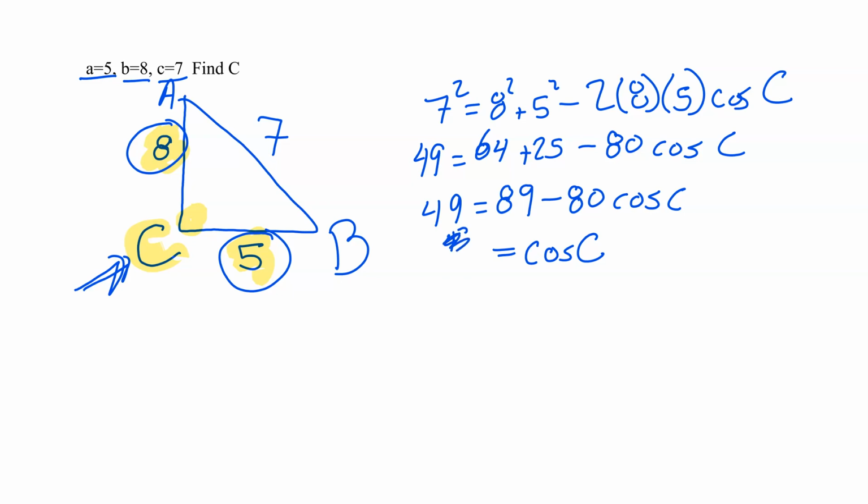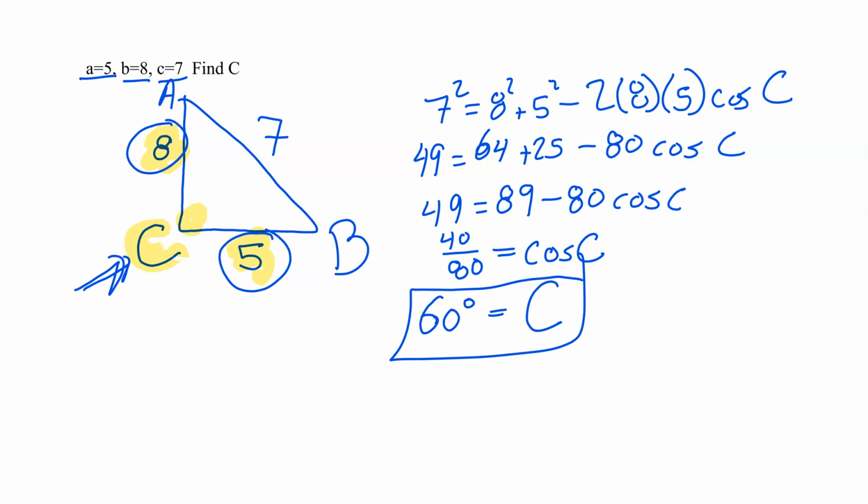Well, actually, I think this reduces to 40 over, let's see, if I subtract 89, it's a 4. Sorry, Mr. Obama's got me all confused here. I think that would be 40 over 80. And if we do the inverse cosine on this, we will get C equaling 60 degrees. And that's what we were asked to find.